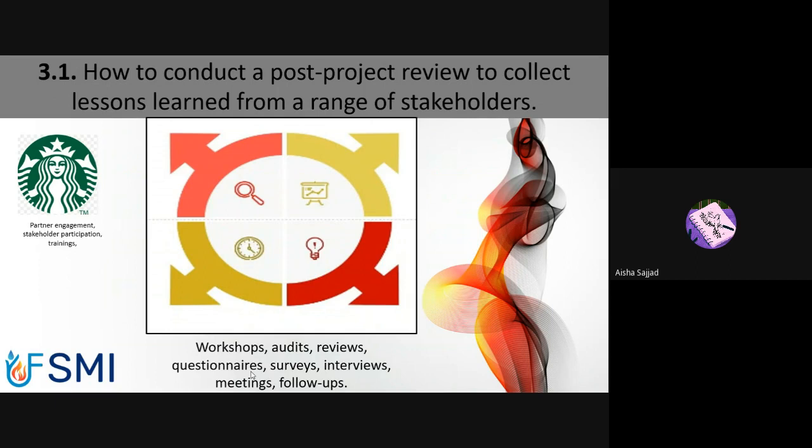Okay, so talking about 3.1, this talks about post project reviews. What do we mean by a post project review? It means that after the review of the environmental management process, after the review of the environmental performance of an organization has been done, and the environmental audit has been done, afterwards there is another review called the post project review. How do we conduct that review? What is it?